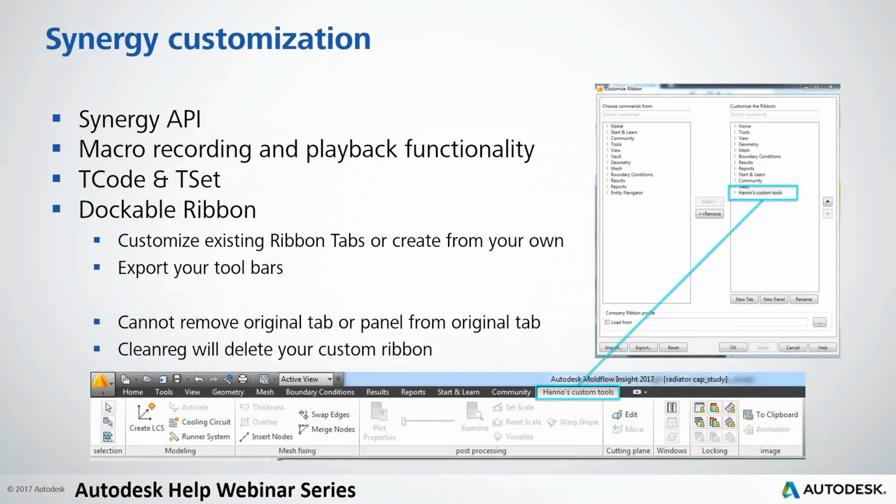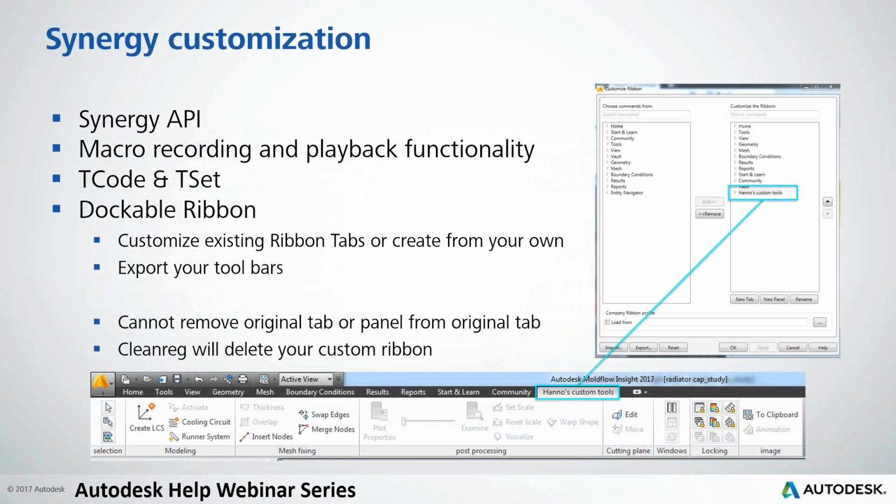What is important to know is that when we create this kind of new customized ribbon panel, it will always be placed at the right-hand side, at the end of the ribbon panel where we decide to create it. We could not delete provided icons, so we could not just clean, for example, the community ribbon panel. We just need to leave it as it is and then add wherever we want.